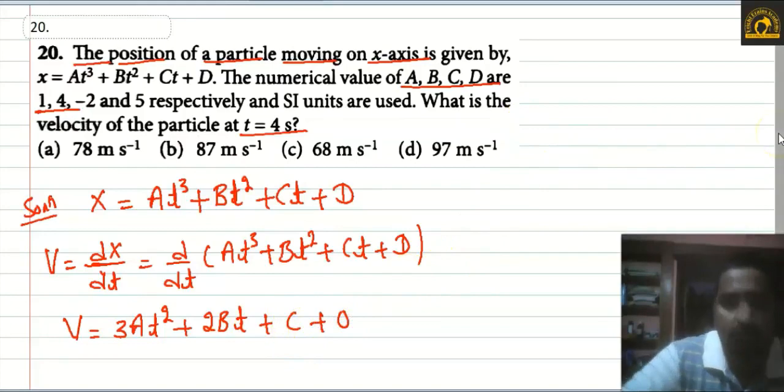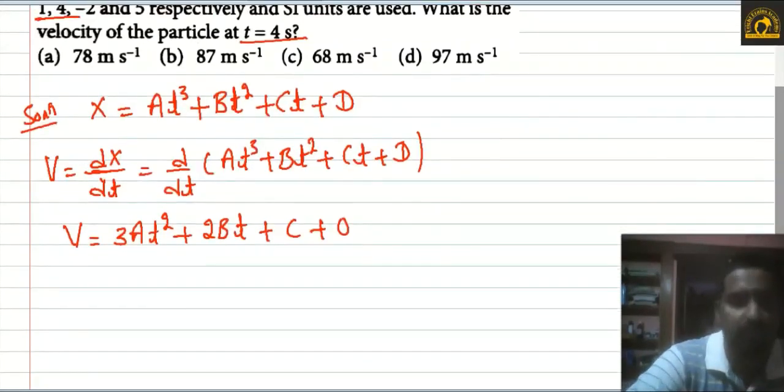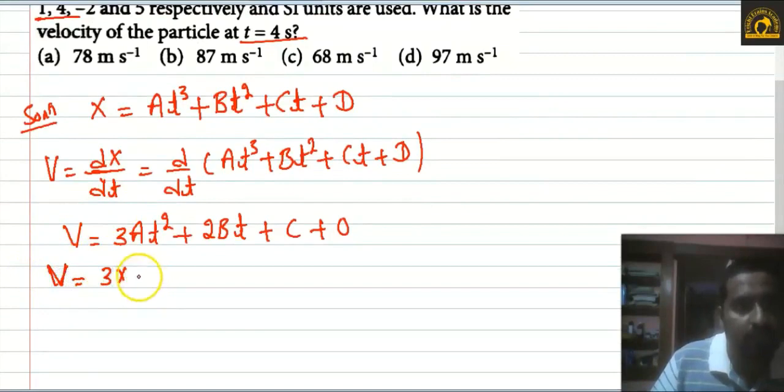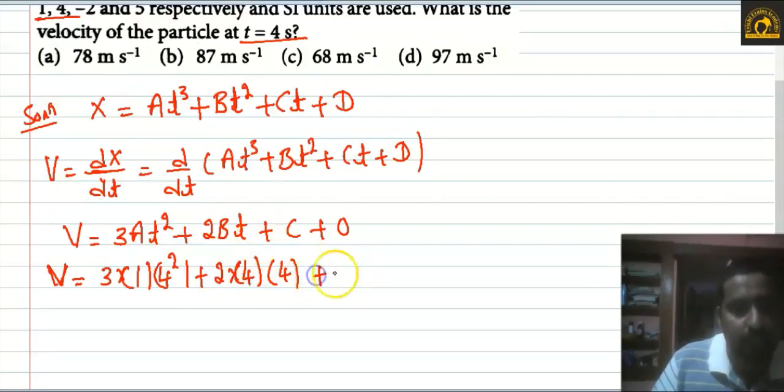Now put all the values in that equation. Velocity is equal to 3 into the A value 1, into t value 4 square, plus 2 into the B value 4, into t value 4, plus the C value minus 2.